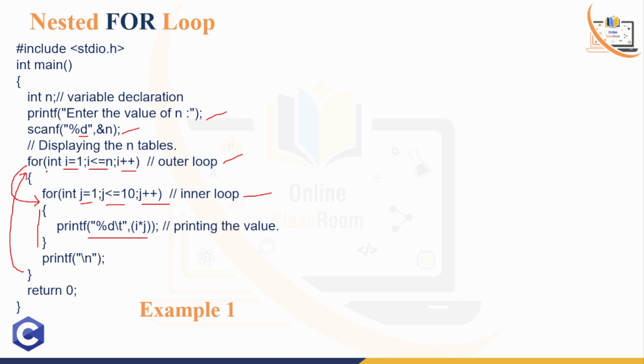Now the new value of i equals 2. In the same way, for i equals 2, again this inner loop will work 10 times. Then again it will go back to the outer loop, and if n equals 3, now for i equals 3, again the inner loop will run 10 times.